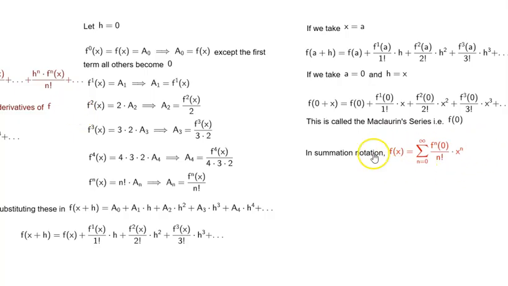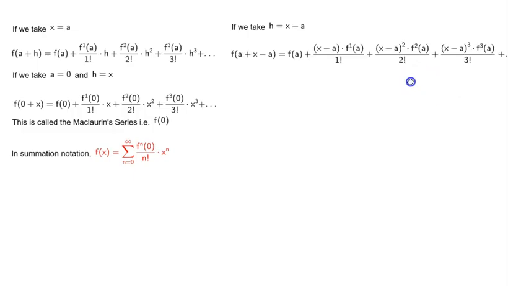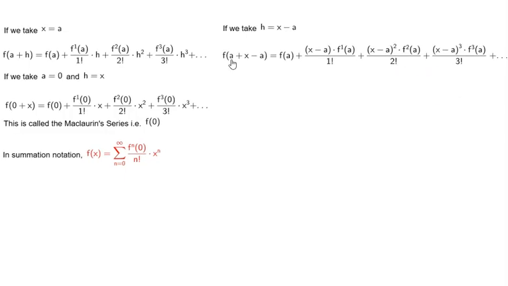Now, if we are given this short form, we should be able to expand it by taking n equal to 0, then n equal to 1, then n equal to 2 to build up this series. Okay, now if we take h is equal to x minus a, then what happens? We have f of a plus x minus a.